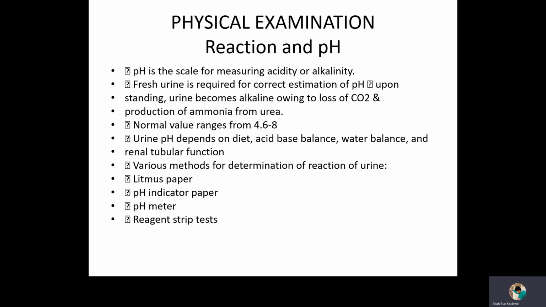Urine pH depends on diet, acid balance, water balance, and renal tubular function. The various methods for determination of the reaction of urine are litmus paper, pH indicator paper, a pH meter, and reagent strip tests, which also indicate the pH.